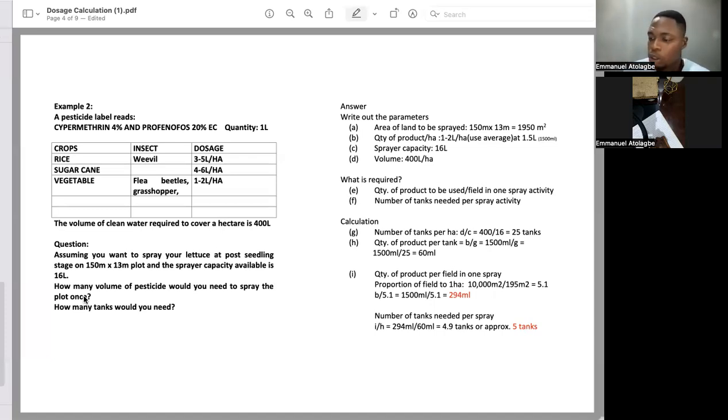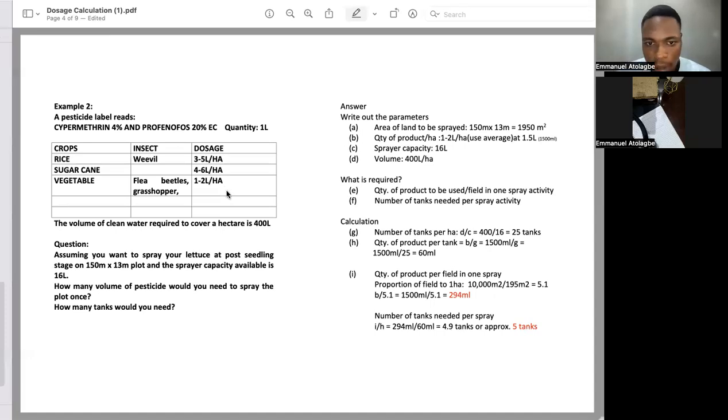Now, what is the quantity of product per tank? Now that we have gotten that it is 25 knapsacks that will be required to saturate the field at once, what amount of pesticide will be in one knapsack? So how do we get this? What is the quantity of the product? You have 1.5 liters per hectare.